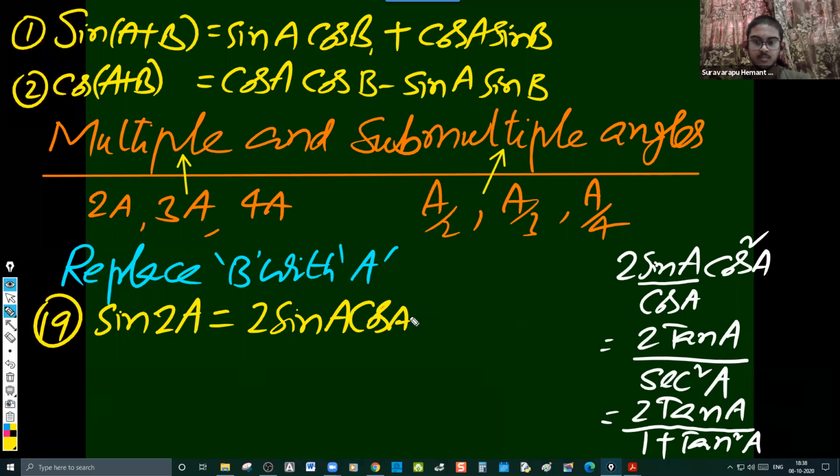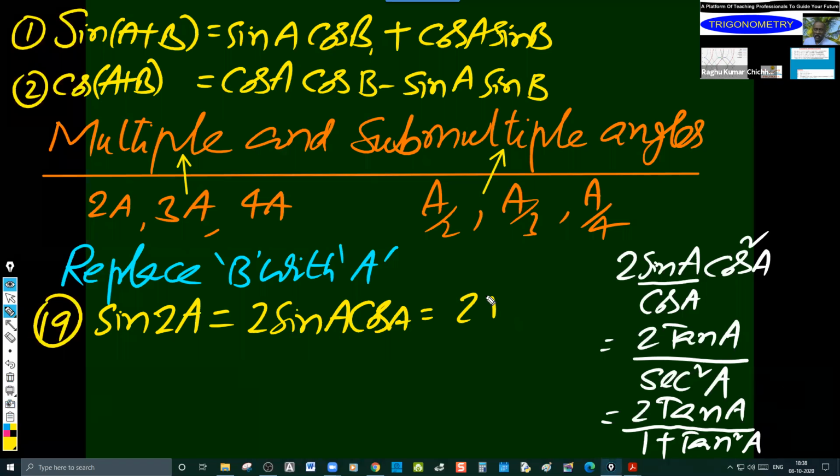So what is the other formula for this? And what is the advantage of this? You'll have the entire formula in terms of tan only. So 2 tan A upon 1 plus tan square A.